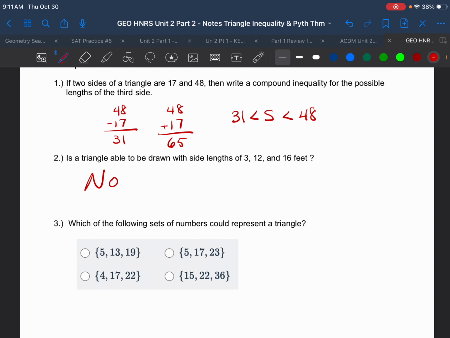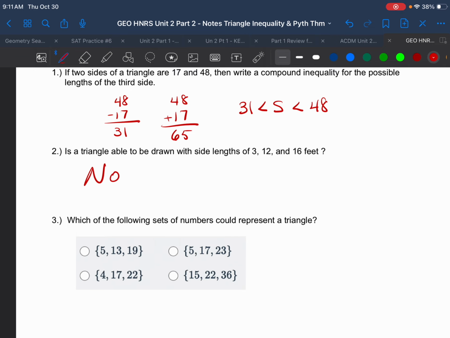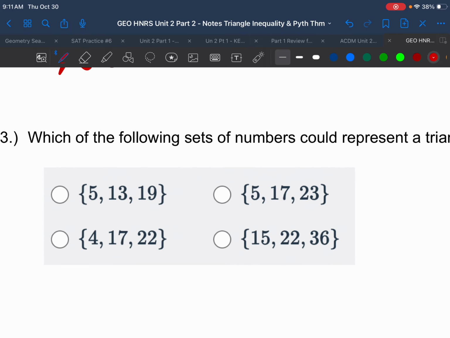And then finally, which of the following sets of numbers could represent a triangle? If you want to pause the video right now, you can test each of these out. But I'm just going to disprove one of them and then show you what the final answer would be. If you take a look down here, 5 plus 17 is 22.